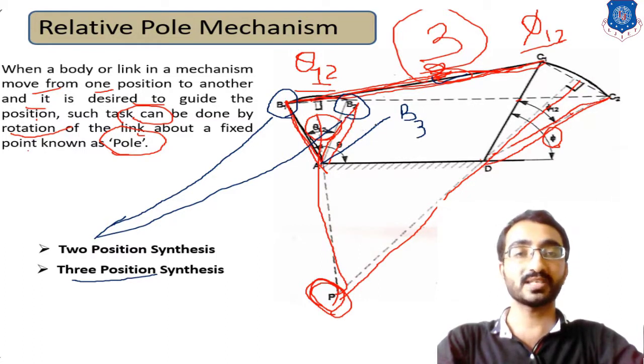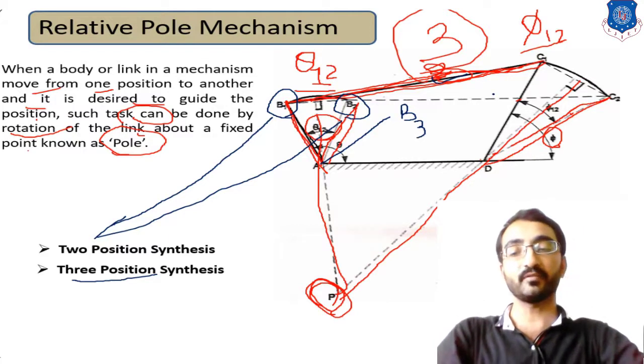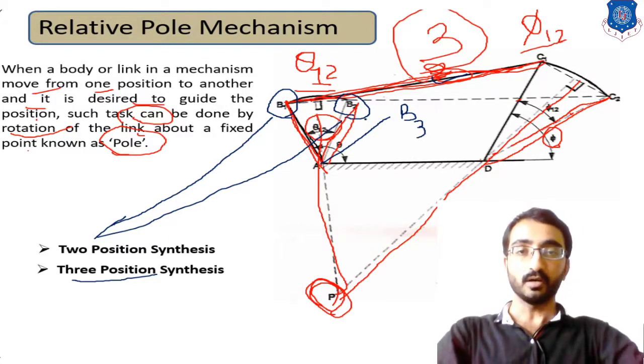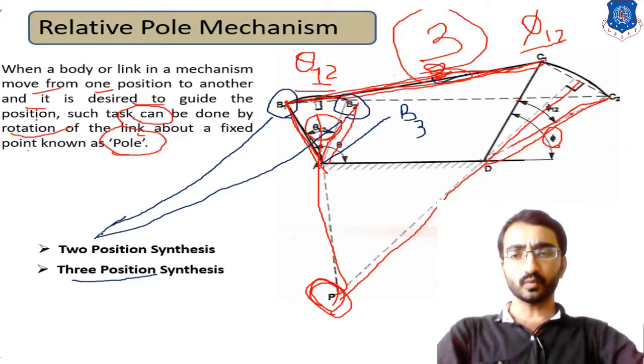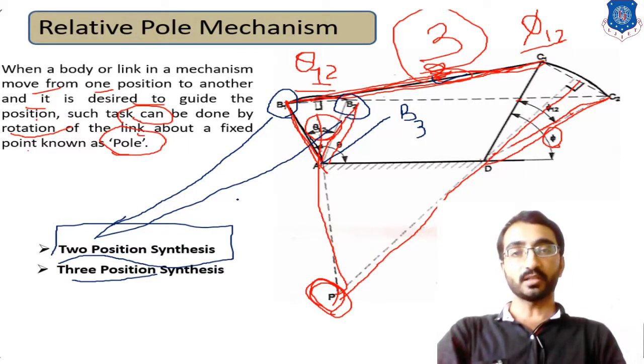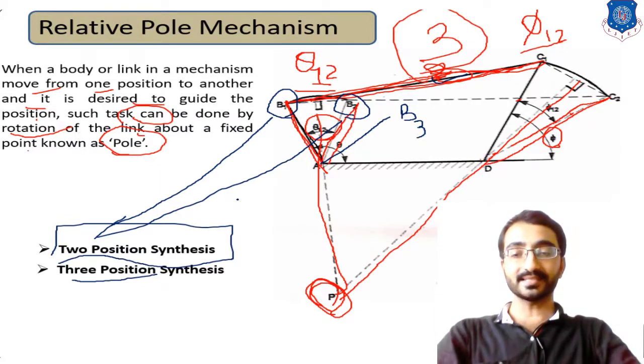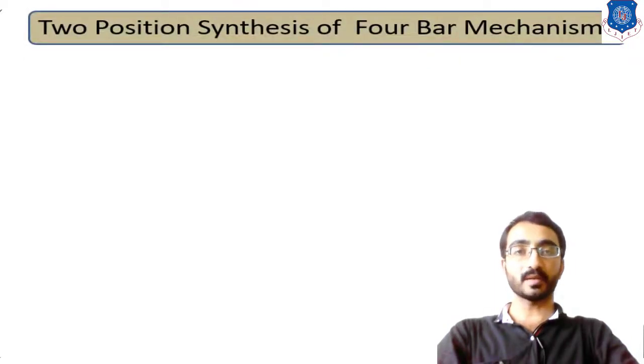All these 3 positions are given, and with their help we will calculate the lengths of the other elements. Okay, so let's start with the first one, that is the 2-position synthesis method. First we will learn it for the 4-bar chain mechanism, and then we will learn for the single slider mechanism in our next session. Okay, so let's start this session with the 2-position synthesis of the 4-bar chain mechanism.